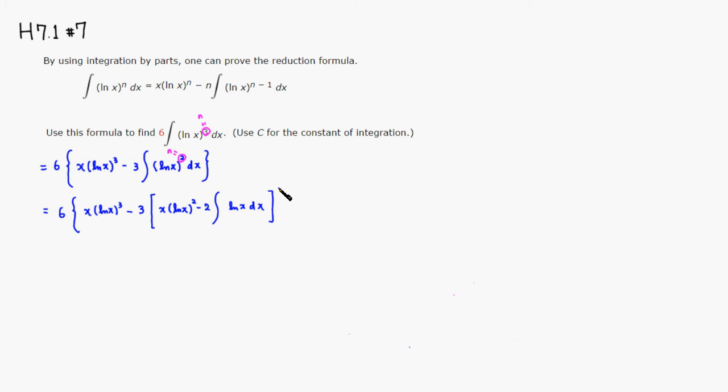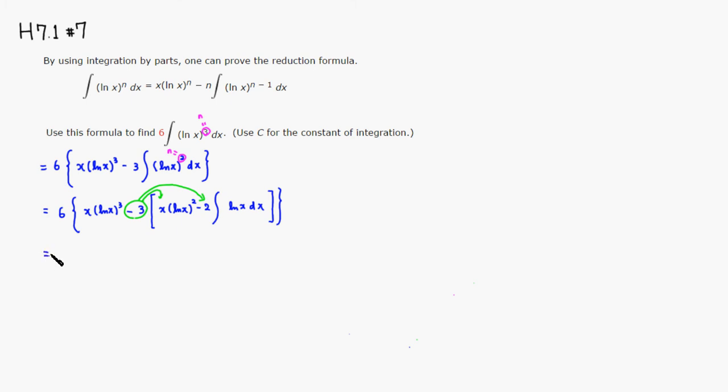Why don't I distribute this negative 3 to the first and second terms, so that we don't have too many brackets.